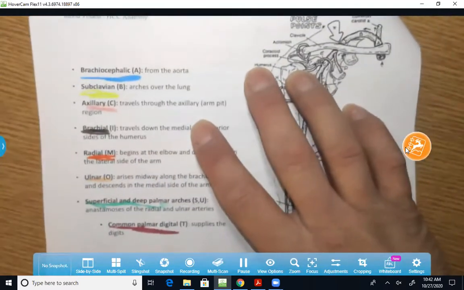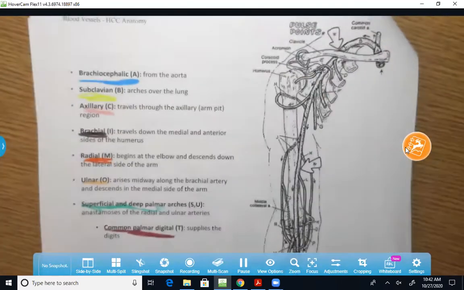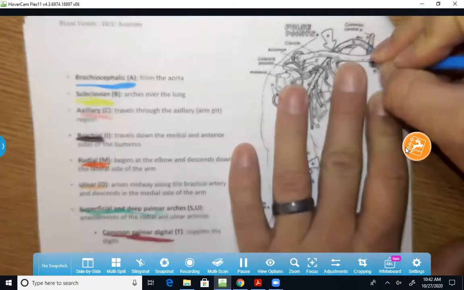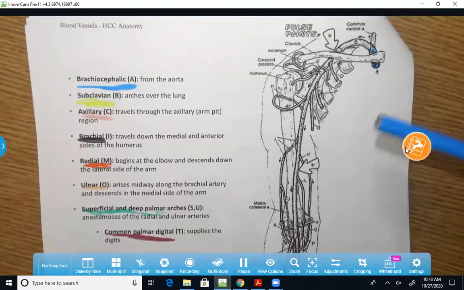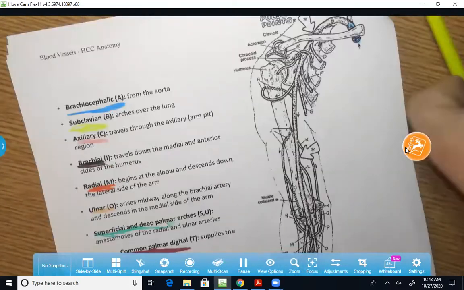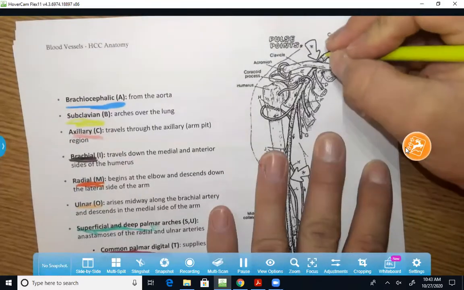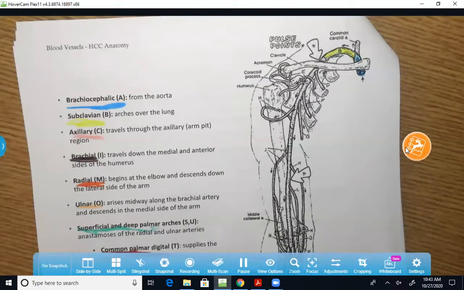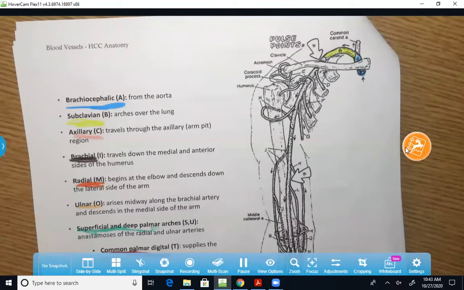Okay, letter A at the top is brachiocephalic. That's the one coming from the aorta. We've talked about coming off of it, the common carotid up into our neck, but that's not important to us now because we're more concerned with the subclavian. Now here's where it kind of gets tricky.